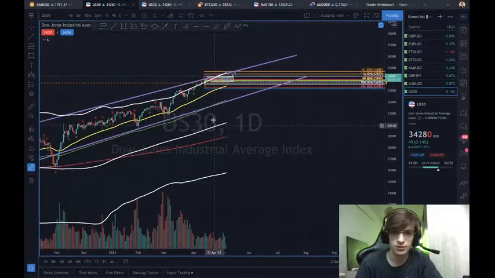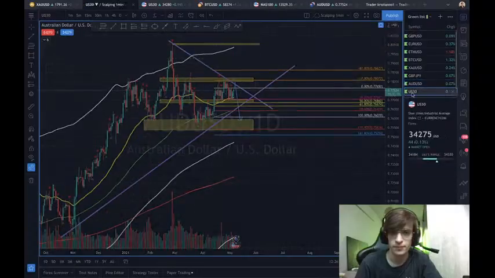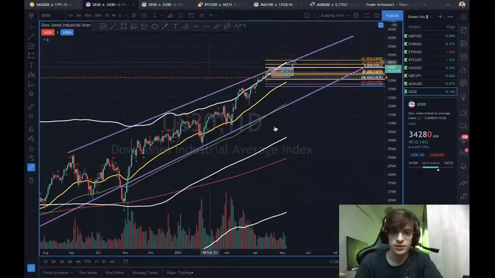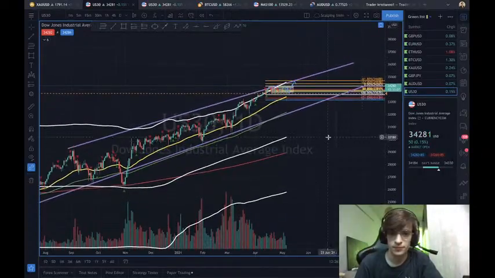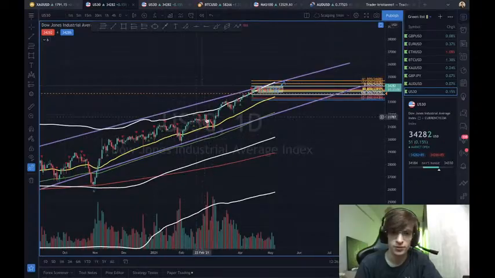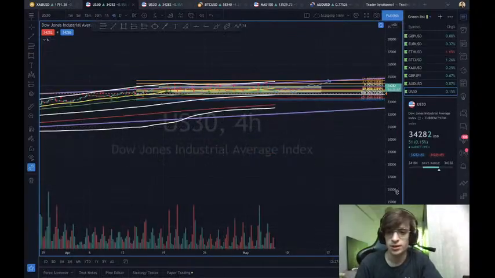So here you see US 30. It's pretty bullish. Here it was retested twice. So let's go to the 4H time frame.